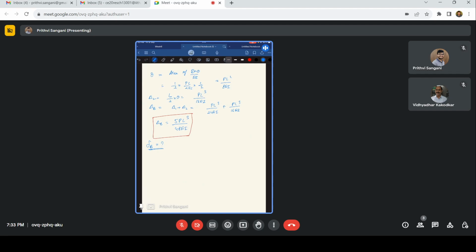So W L by 2 comes to 10 into 12 by 2, which is 60 kilonewtons, and MB is 10 into 12 into 12 by 12, so this is 120. You can see there is quite a reduction of the shear force in VB, and also the bending moment at MB has decreased.